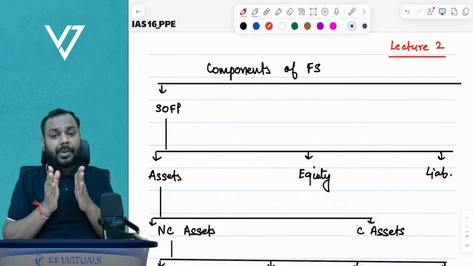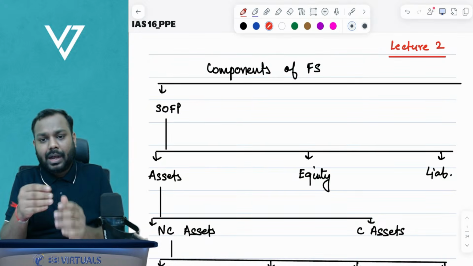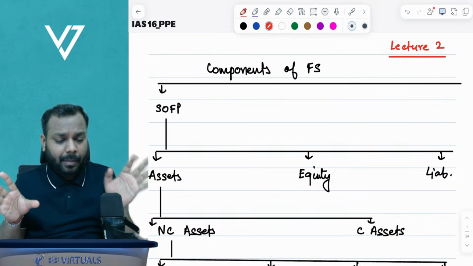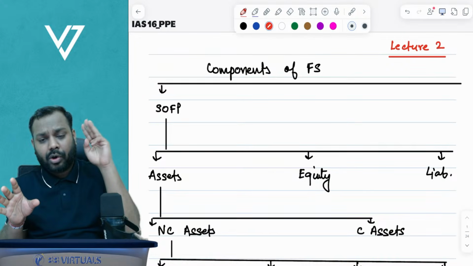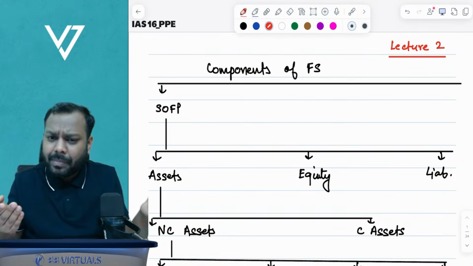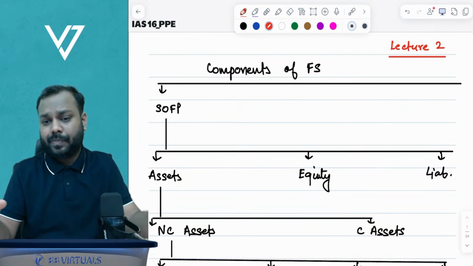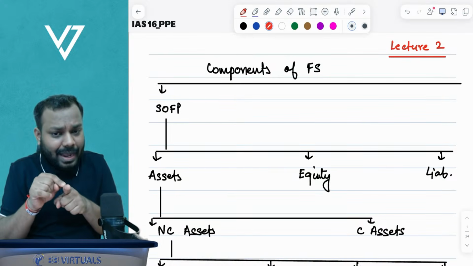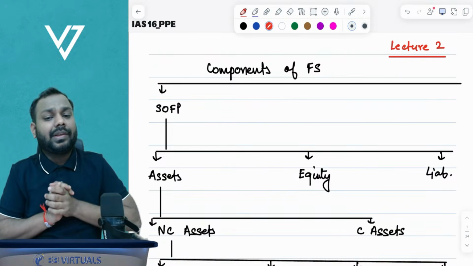Investment property, point number one, includes only property. Can a laptop be classified as investment property? No, it cannot be. Investment property includes only land, building or both. But does that mean that all property will be classified as investment property? No. A property which is held for rental or capital appreciation or both is classified as investment property.